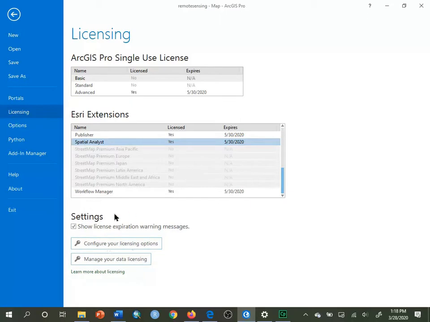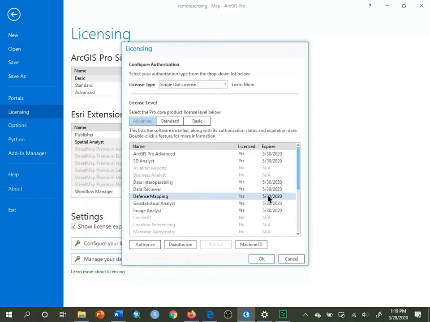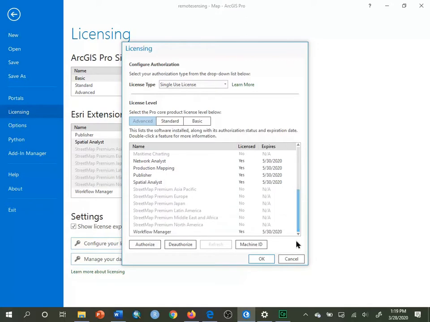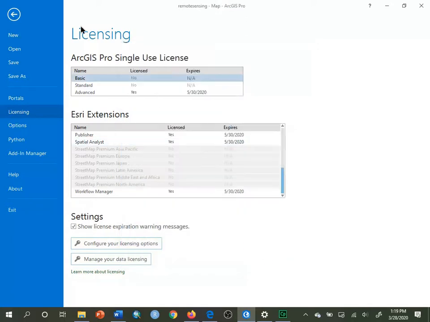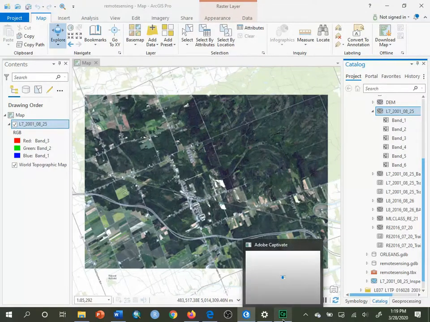If not, you may have to click on Configure Your License Options and go in there, find those two in the list and change them to yes if they're not automatically saying yes right now. So right now mine are here. I have Image Analyst with a yes. So you may have to go here to enable them. So now we can continue on with what we're going to do here.